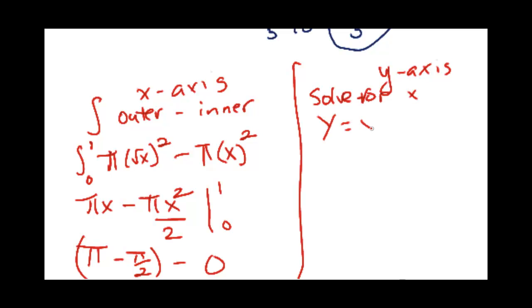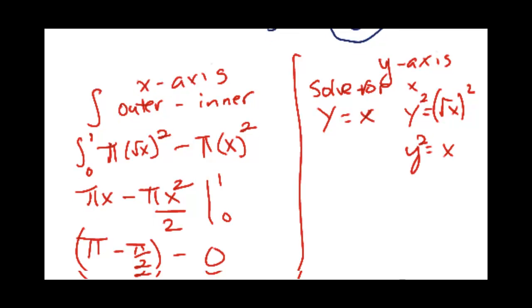The y equals x equation is pretty straightforward, but for y equals the square root of x, how do you solve for x there? Well, what's the opposite of square root? Squared. So you square both sides, and you get y squared equals x.